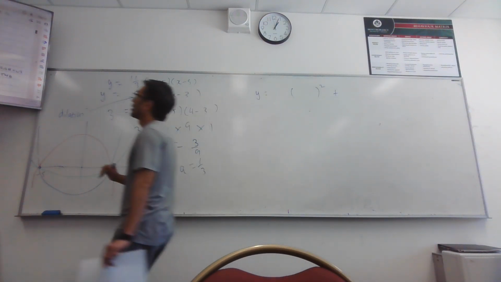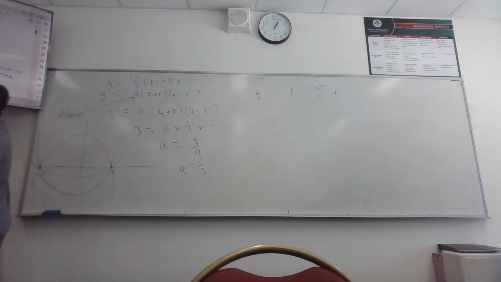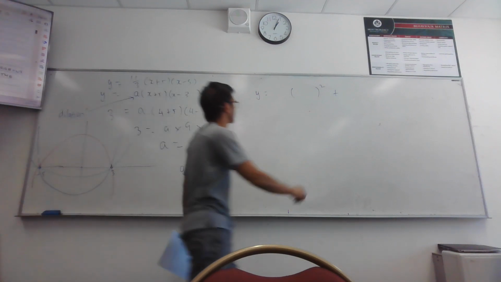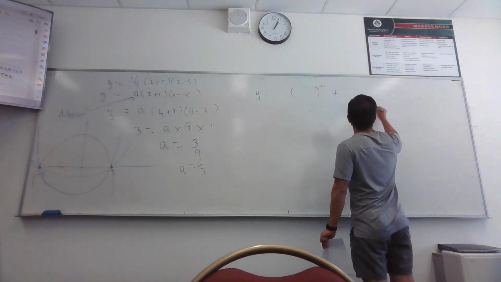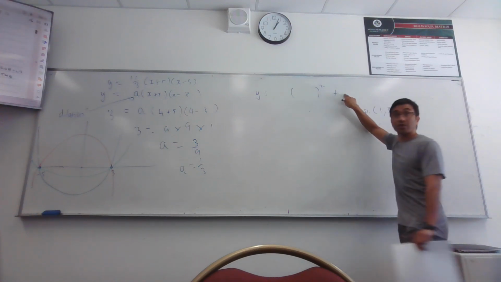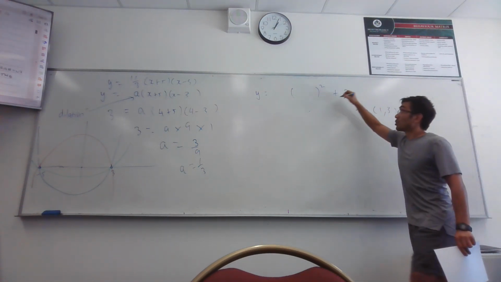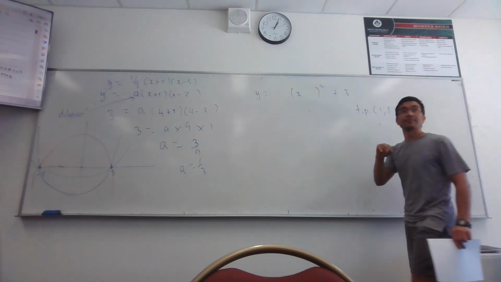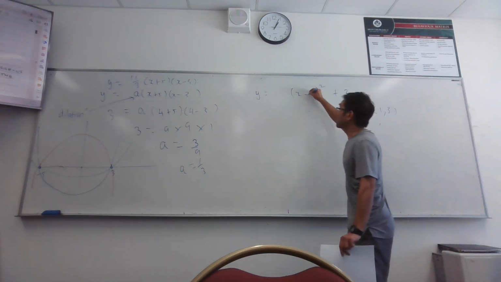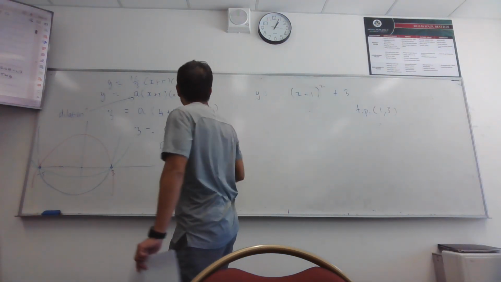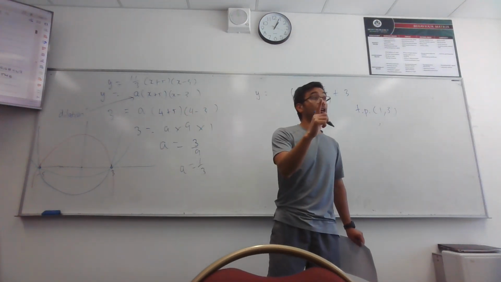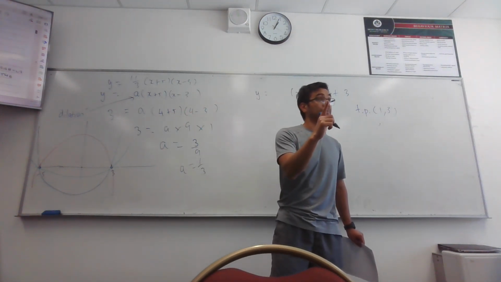If I have a turning point that's at (1, 3), what's on the outside? 3. What's on the inside? Excellent. It's the opposite of the x, okay?